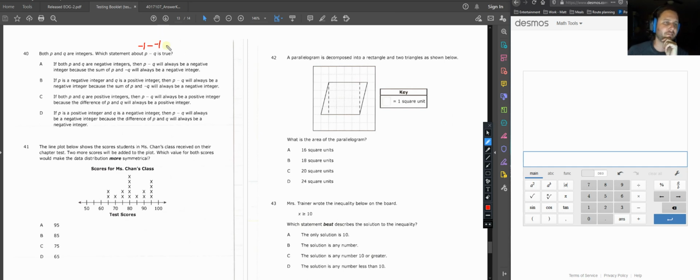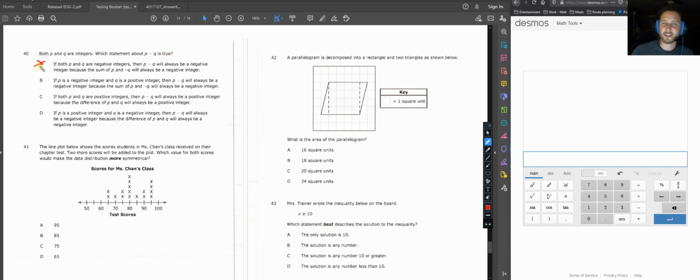You guys have seen this happen, where I've had -1 minus -1 and it equals a +1. This is the same as saying -1 plus 1. If I have a +1 and a -1 and I combine them, that's going to equal 0. That's not going to equal a negative integer at all. So, right off the bat, A is false.